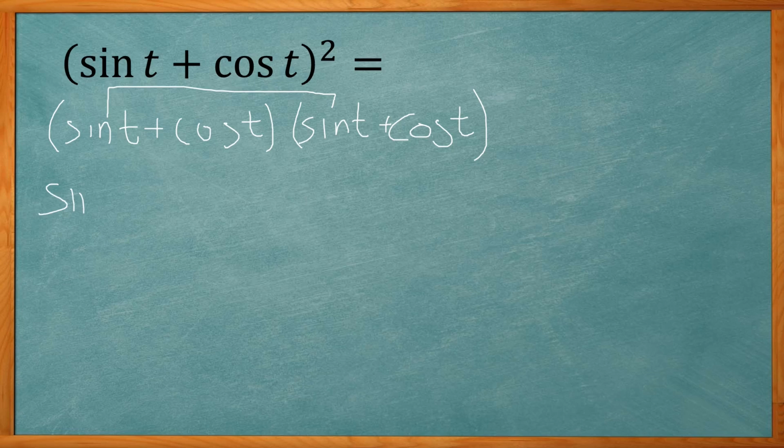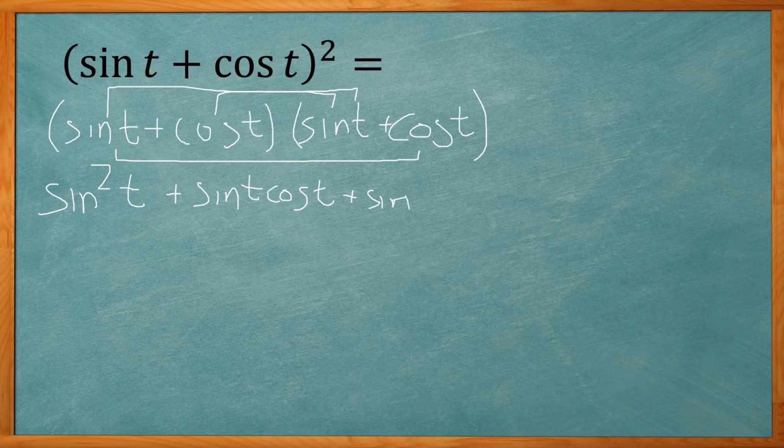That's going to give me sine squared t. And then sine t times cosine t is going to be sine t cosine t, and then cosine t times sine t, and then cosine t times cosine t will give me cosine squared t.